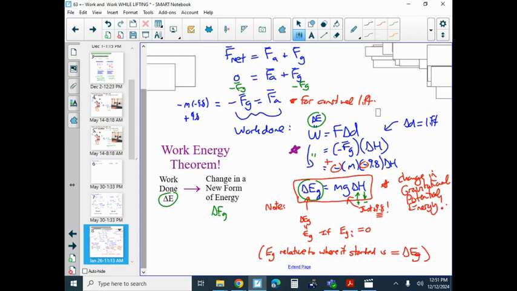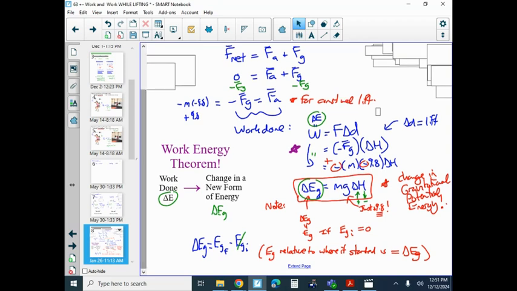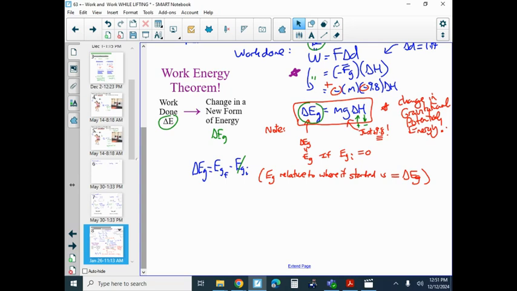So we have delta Eg. Let me just do that for you. Delta Eg equals Eg final minus Eg initial, right? If we make this 0 at the start, so you're at the bottom, you think of yourself as having 0 gravitational potential energy relative to the floor you're standing on, or the chair you're sitting on. So gravitational potential energy can be taken relative to any location. Relative to the chair you're sitting on, it's 0.